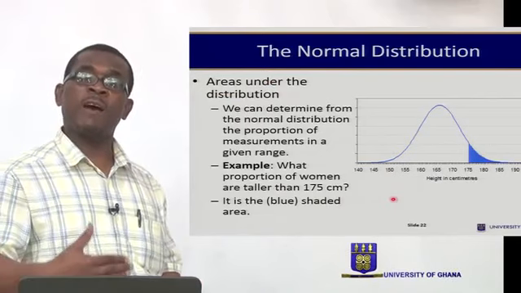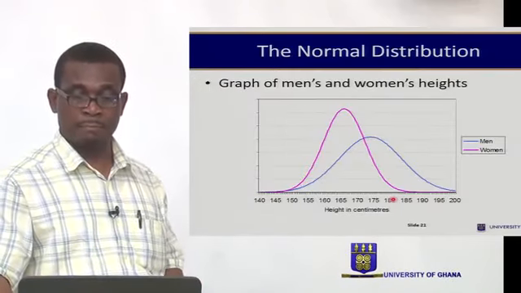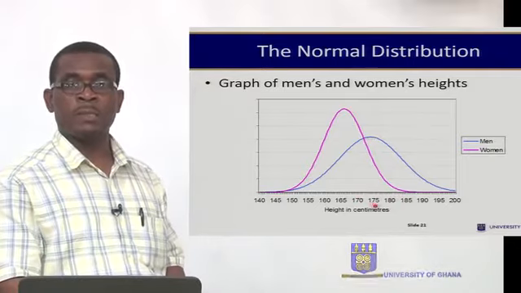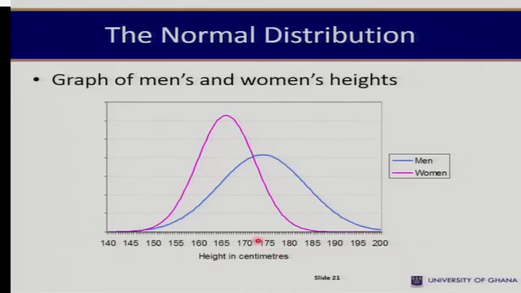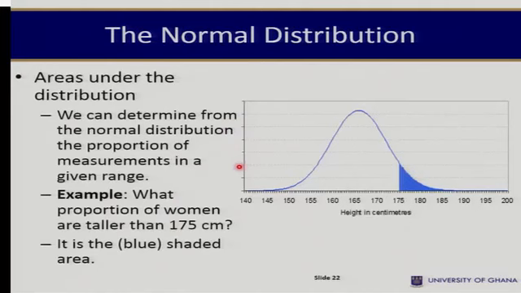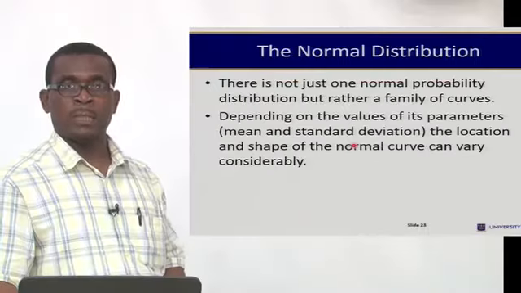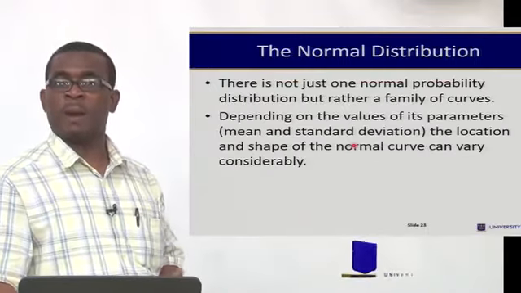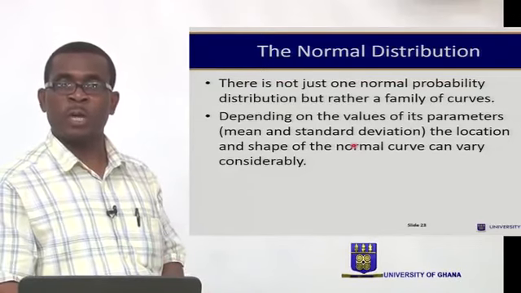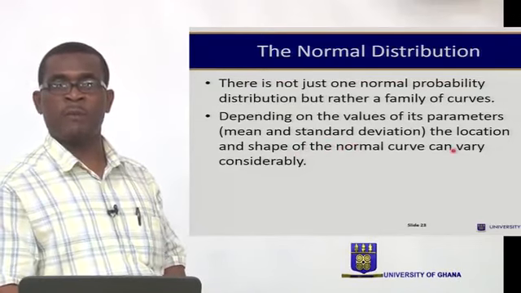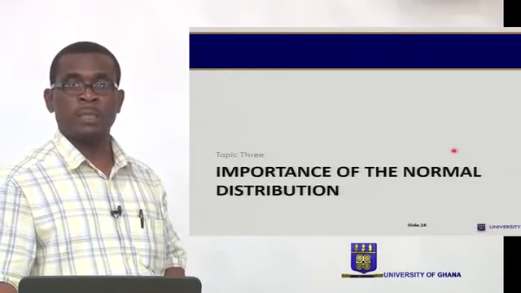So depending on the value of the mean, as we saw earlier with this example, since the mean here is 174 or so, and the mean here is 166, it means that depending on the value of the mean, we can have several shapes of the normal curve, right? So that is what we're saying. Depending on the values of its parameters, the mean and standard deviation, the location and shape of the normal curve can vary considerably.